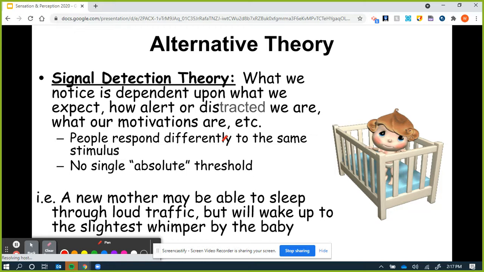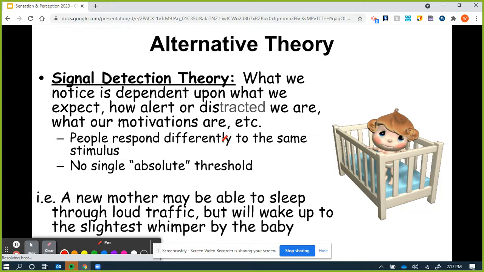All right, now, so we have the absolute threshold, which is the minimum stimulation a neuron needs for physical energy to be transformed into electrochemical energy. All right, but there's another theory that goes more along with top-down processing that says, well, there is not actually any absolute threshold.